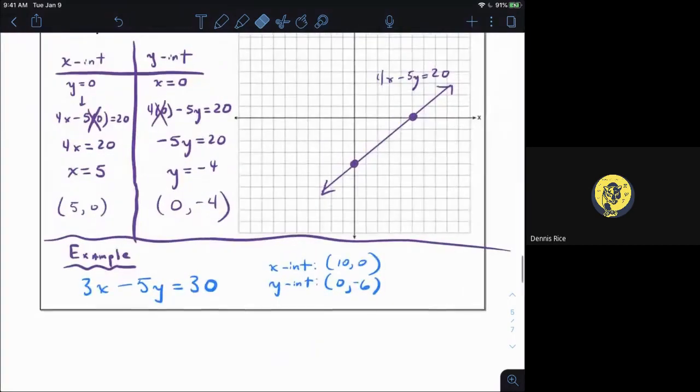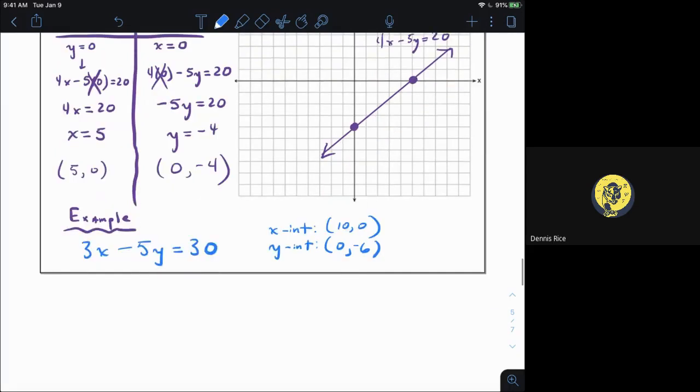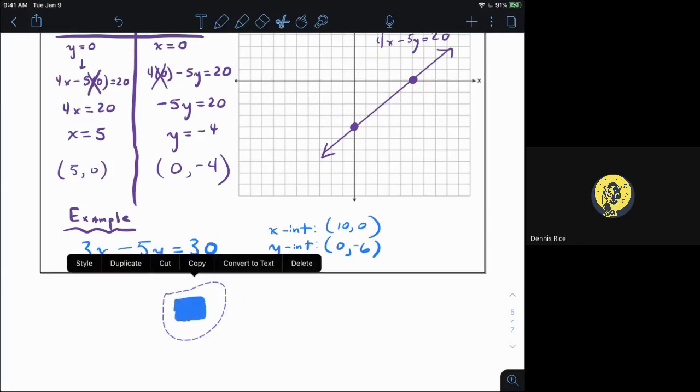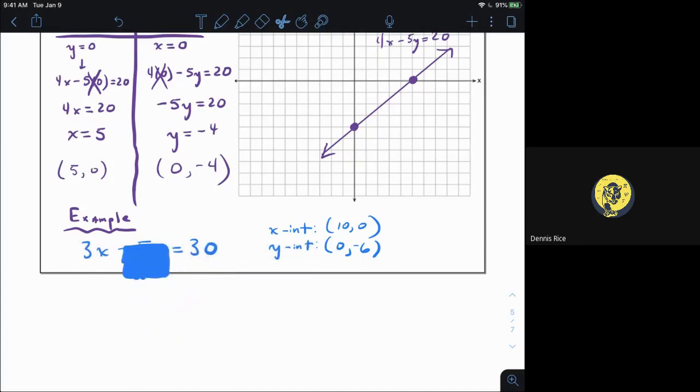Okay. And now if we were graphing this, I know I said we weren't, but if we were graphing this, I would plot this point. I would plot 10, 0. I would plot 0, -6. And then I would just simply connect the dots. If it helps, if this is how you want to think about finding intercepts, if you don't like the actual plugging in 0 part, just think about covering up the other coordinate.